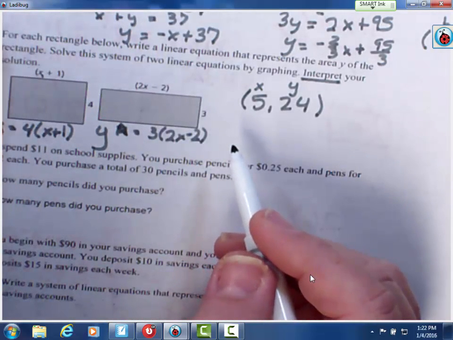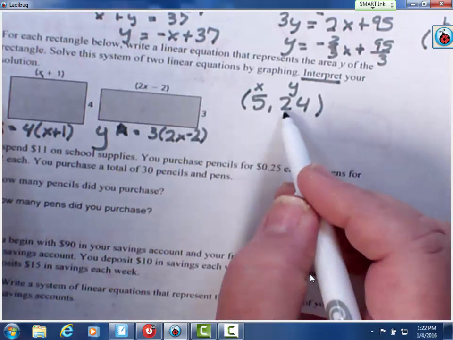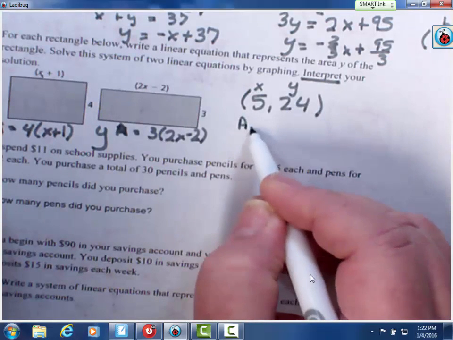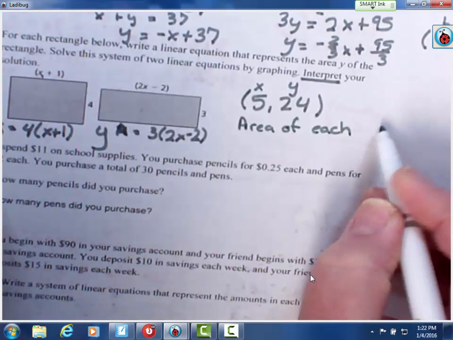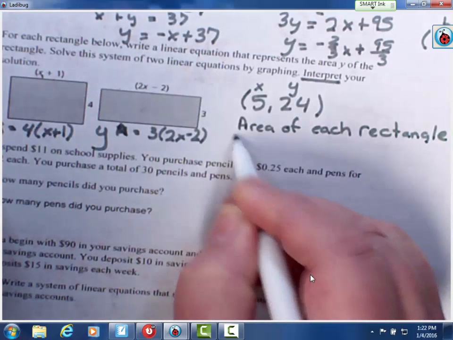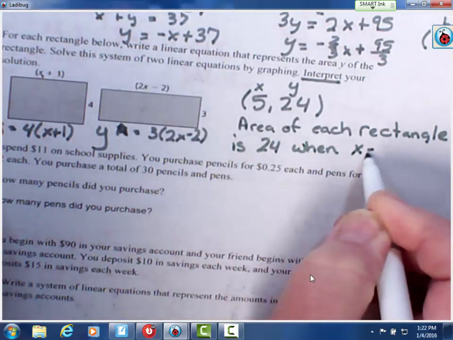And then 24, y was the area. So we know that the area of each square, or each rectangle, is 24 when x equals 5.